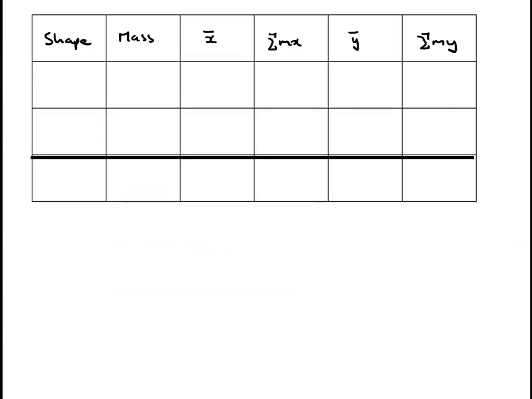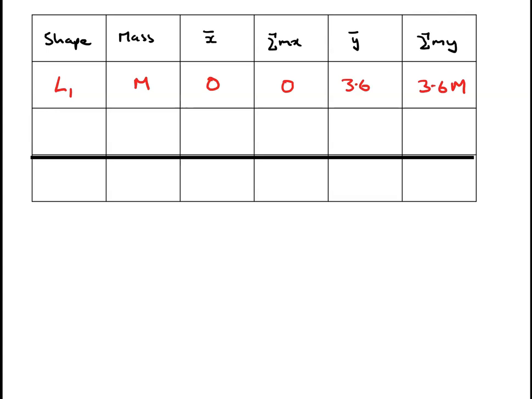Now, for L1, we know that it has a mass of m and the x-coordinate of its centre of mass is 0, therefore the sum of its mx's is m times 0, which is 0. The y-coordinate of its centre of mass is 3.6, so the sum of the my's for the first lamina is 3.6m.